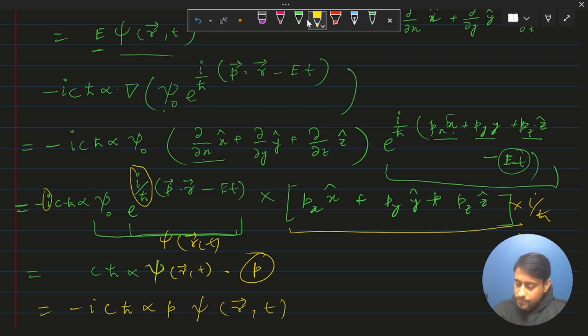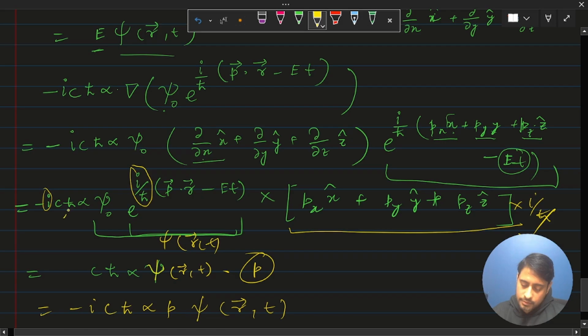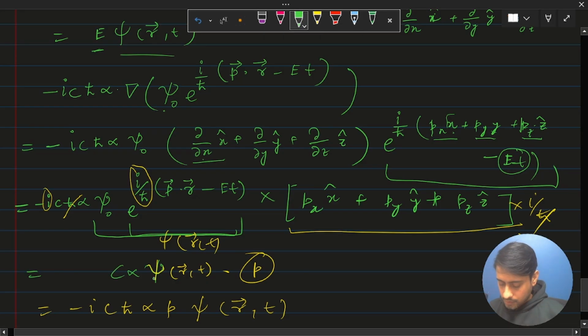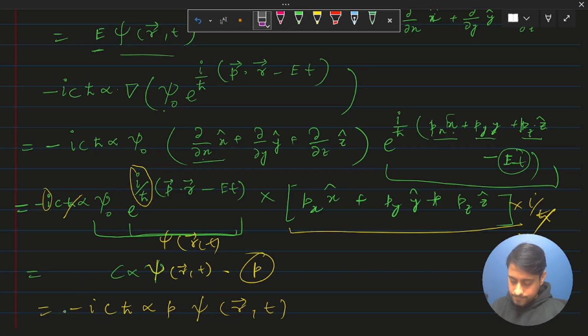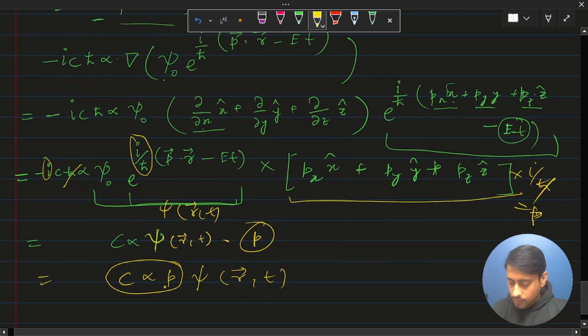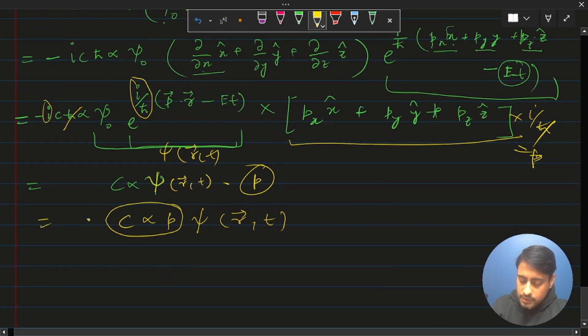The h bar is also cancelled, so let's remove this h bar and simply write it as C alpha p. Okay, C alpha p. So finally we get C alpha p into this term. So this is the eigenvalue we get, with a positive sign.